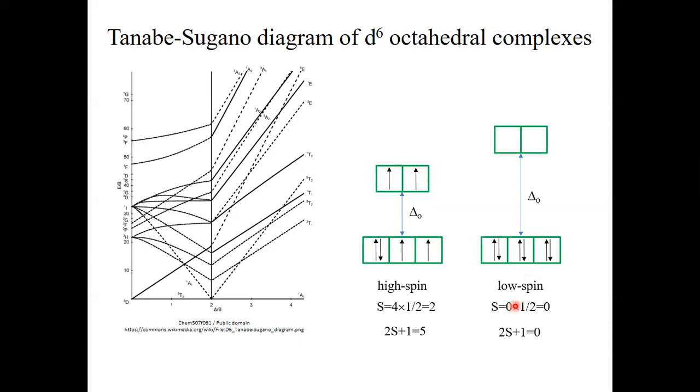So 0 times a half is 0, and 0 plus 1 is 1. Again, I made a typo here. 0 plus 1 is not 0, but 1, and that explains why this is a singlet term.